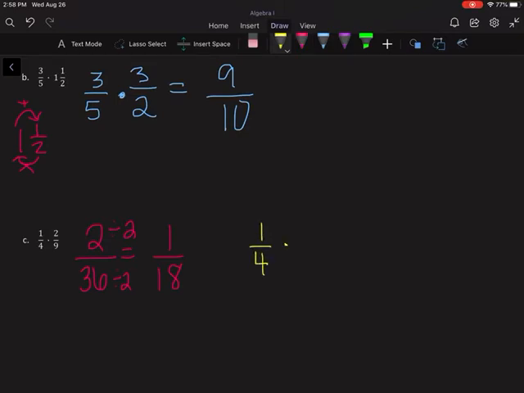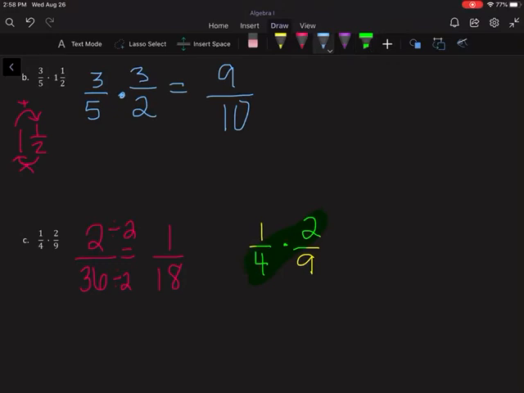The other way to go about doing it is 1/4 times 2/9 is cross cancel. So these guys can be canceled.